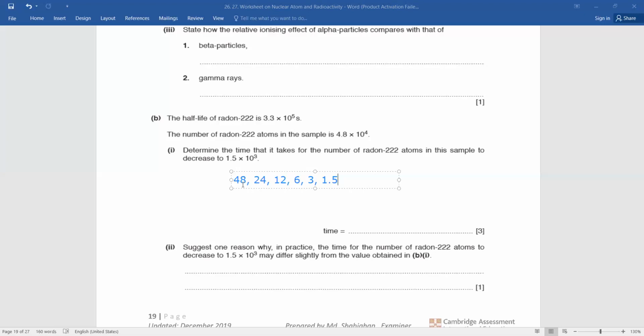Okay, you make it 5 this way. Adnan, it will be easier for you. I made it 48 because it's 10 cube. 48 multiplied by 10 cube, then it is 10 cube, so you can understand it easily. So 5 half-lives, then one half-life is 3.3 into 10 to the power 5. Then 5 half-lives you multiply with 5.